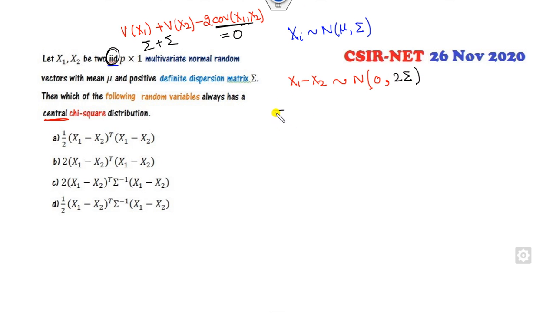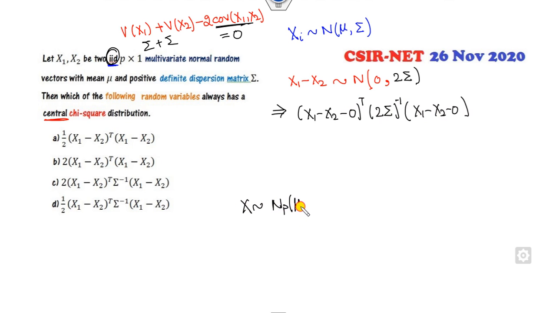When it will follow the chi-square: x1 minus x2 minus mean, sigma inverse, and x1 minus x2 of this. Remember, if x follows the multivariate distribution with the mean mu here, then as I told you earlier, x minus mu transpose sigma inverse x minus mu will follow the chi-square distribution with p degrees of freedom.